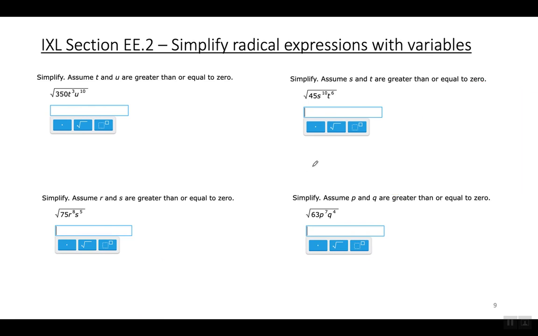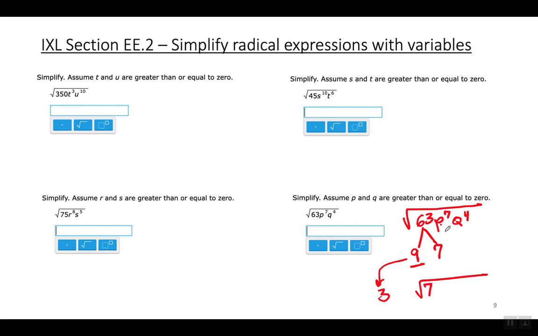Okay, and this will be the last example I'm going to do, guys. The square root of 63, p to the 7th, q to the 4th. So the 63, I could break it up into 9 times 7 to get the square root of 9, which is 3. And the 7 stays underneath the radical sign.